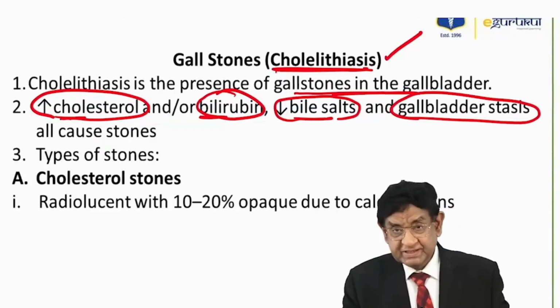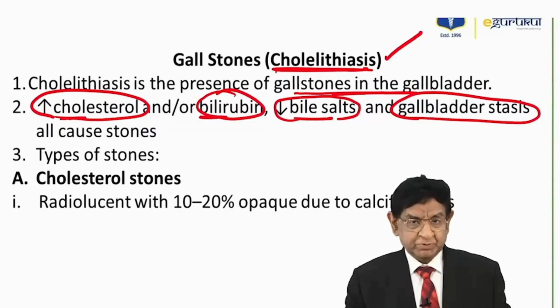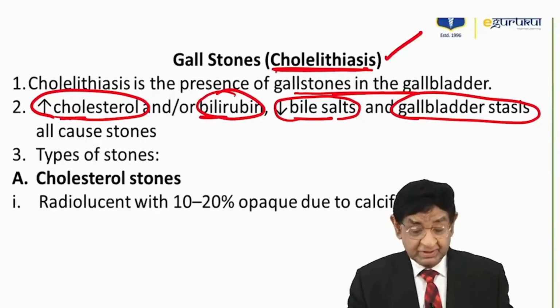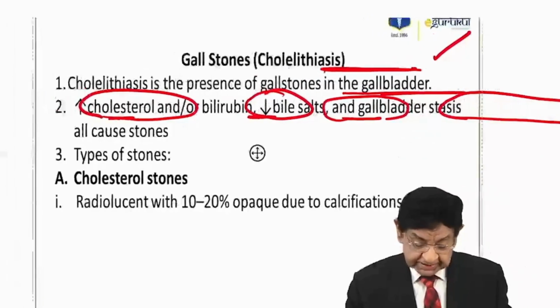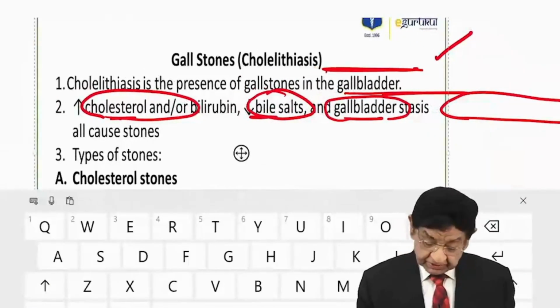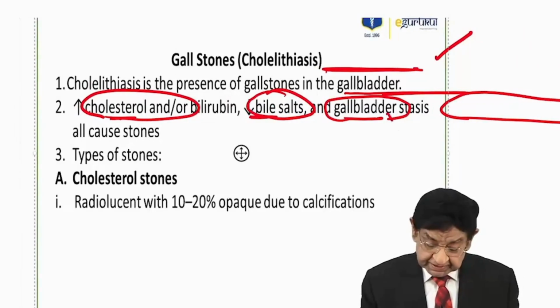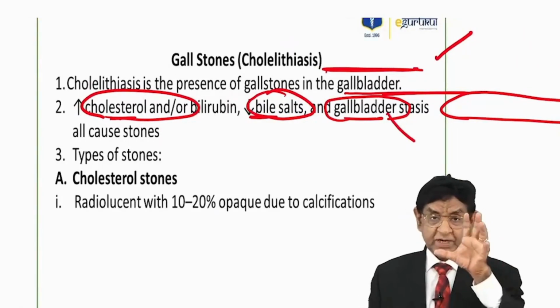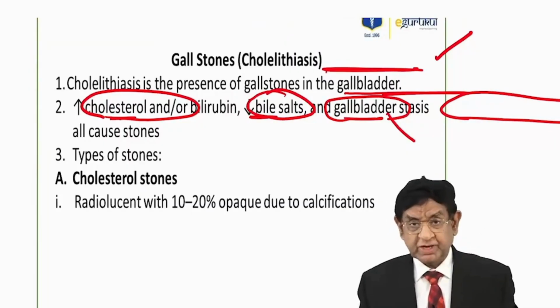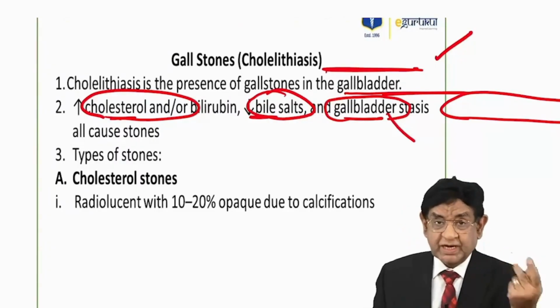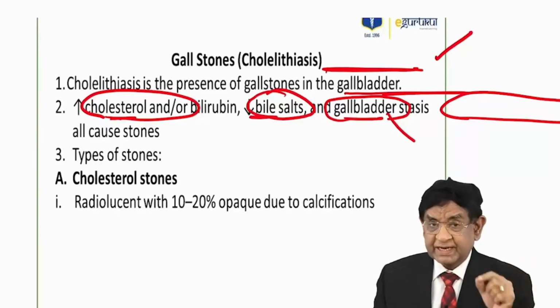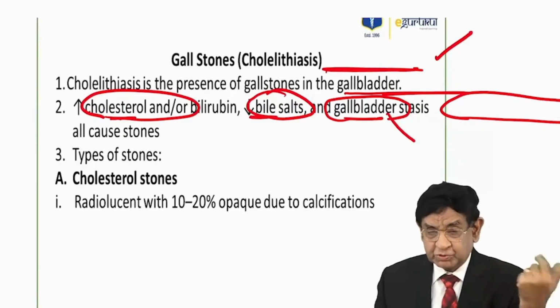Gallbladder stasis means if the gallbladder is not contracting, that will predispose to stone formation. Gallbladder contraction is done by cholecystokinin, and it is reduced by somatostatin. So we need cholecystokinin so that the gallbladder keeps contracting, which leads to reduced stone formation.